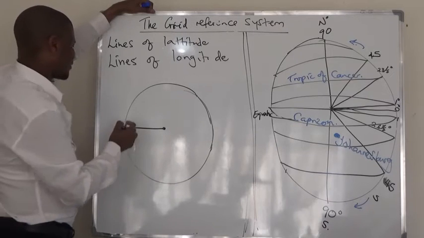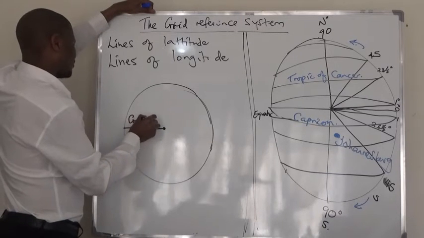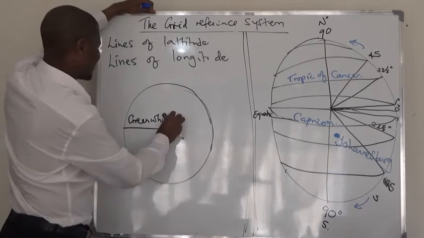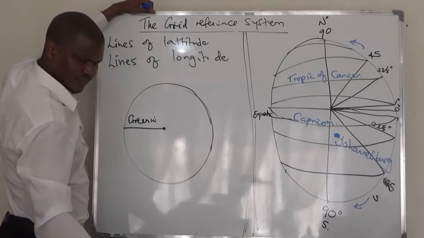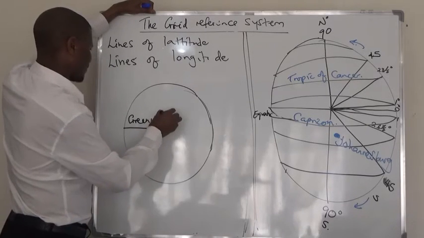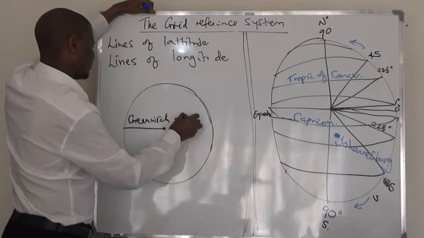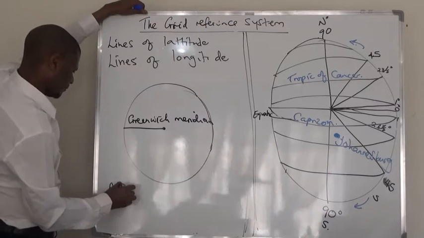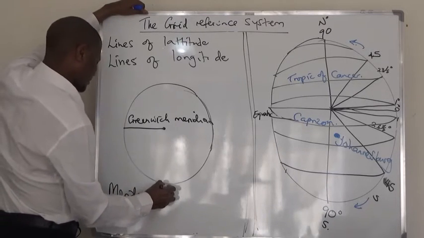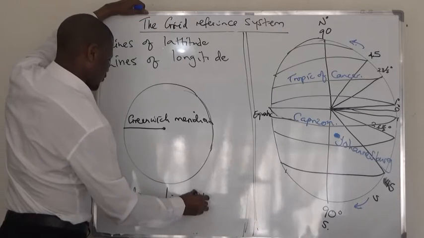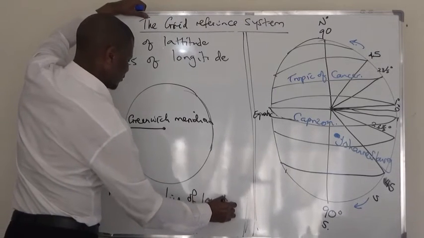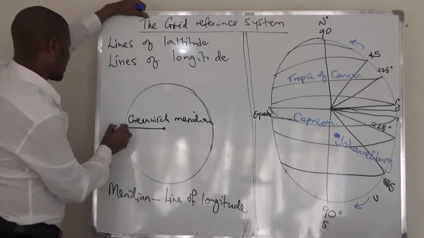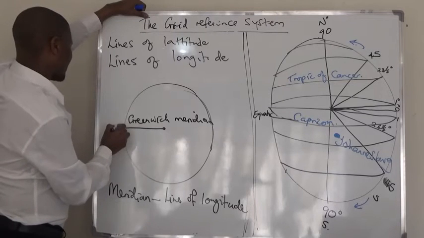The first line was the Greenwich Meridian. The other name for a meridian is a line of longitude. So the Greenwich Meridian means the observation would be here at Greenwich.